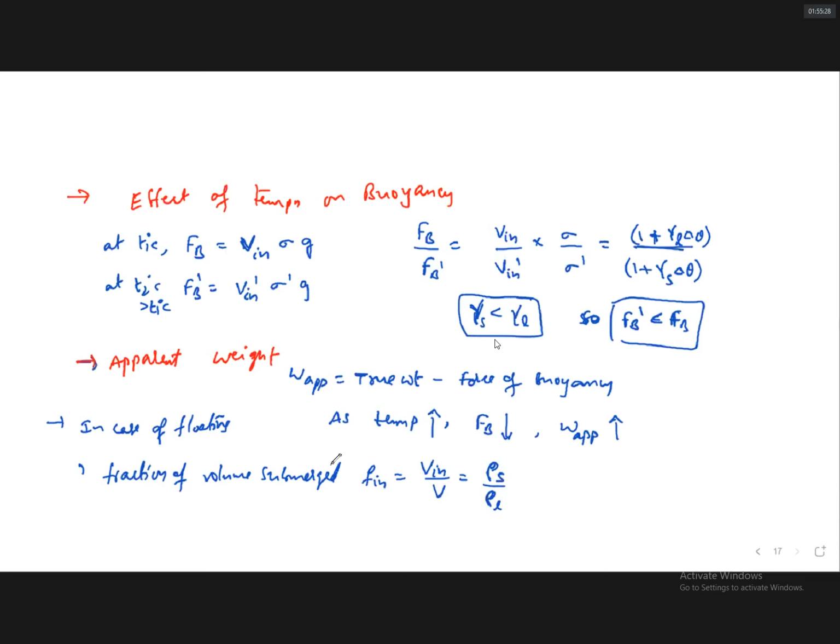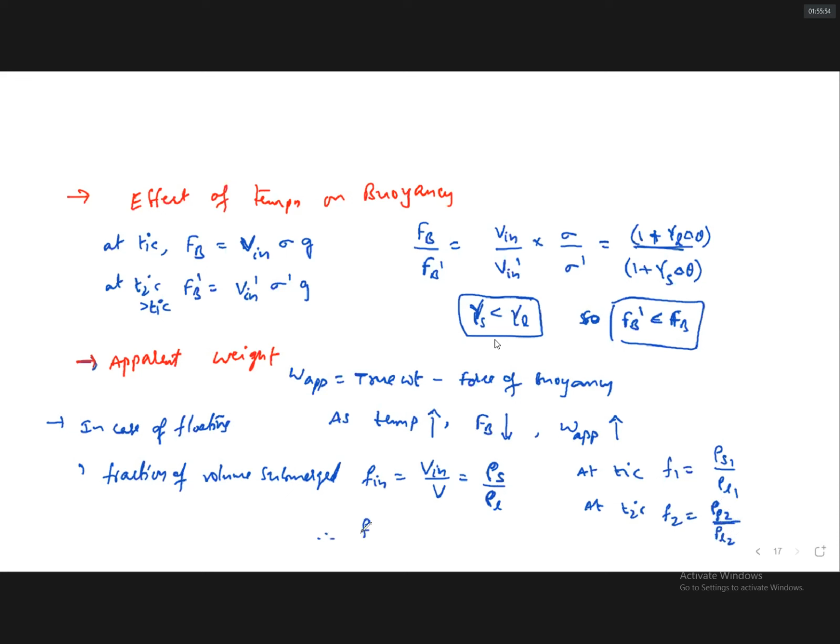Therefore, at T1 degrees Celsius, the fraction of volume submerged is F1, rho S1 by rho L1. At T2 degrees Celsius, it is rho S2 by rho L2, where rho S2 and rho L2 are the densities of the solid and the liquid at T2 degrees Celsius.